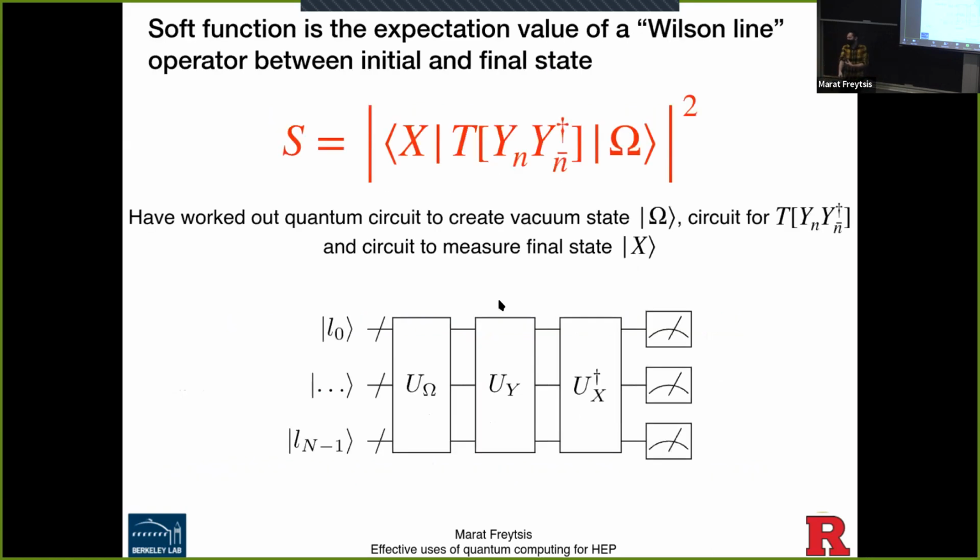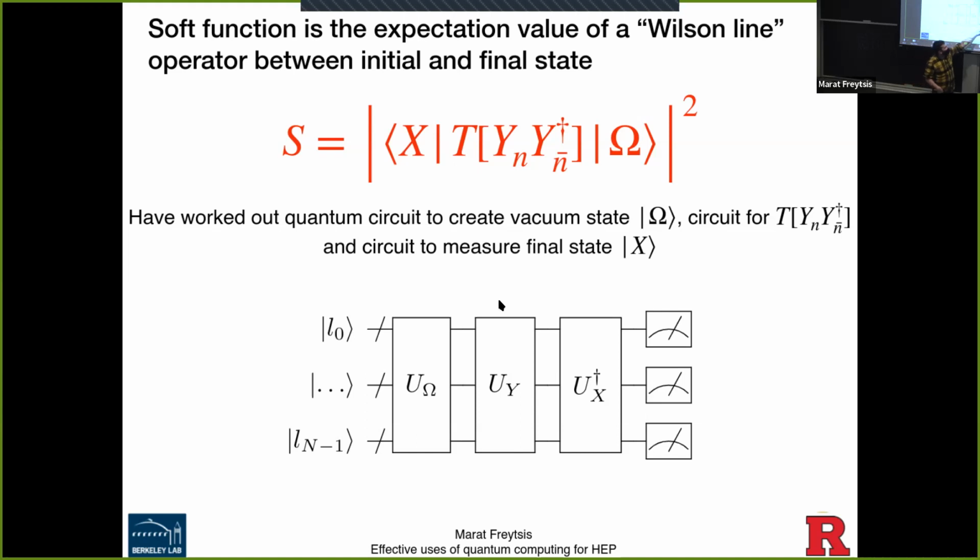So in very high level language, what I'm really doing here is starting with some lattice that I encode in some number of qubits. I act on that with a unitary operation that takes it from the qubit all-zeros state, 0, 0, 0, to a state that represents my quantum field theory vacuum state. Then I act on that with this combination of Wilson lines and Hamiltonian evolution.